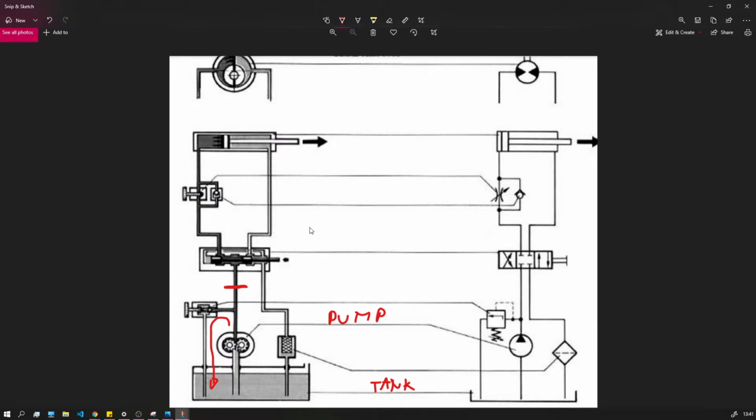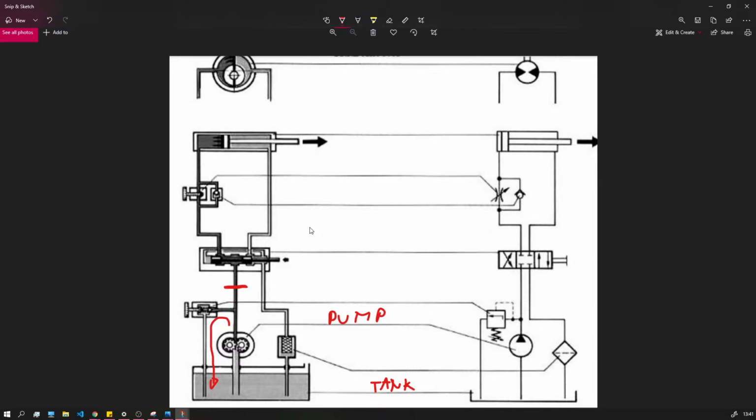It's similar to a pressure regulator in pneumatic systems, but the principle is completely different. The relief valves set the pressure for all of the system.